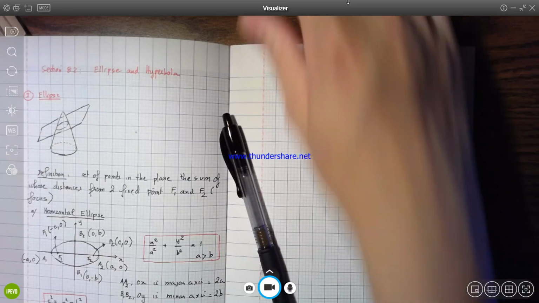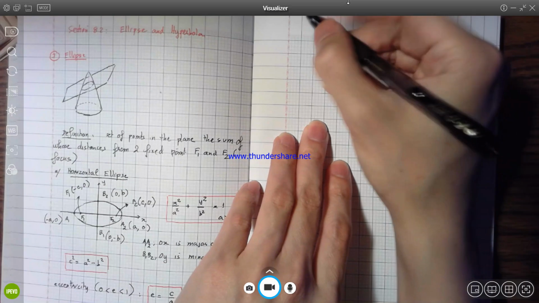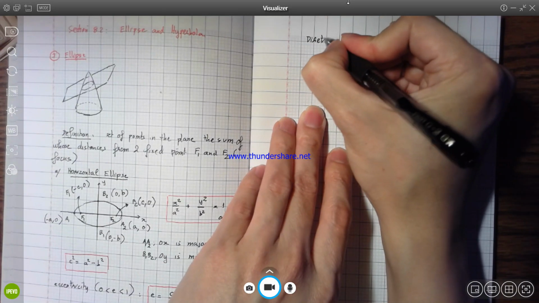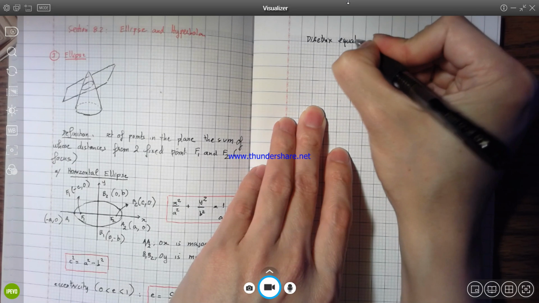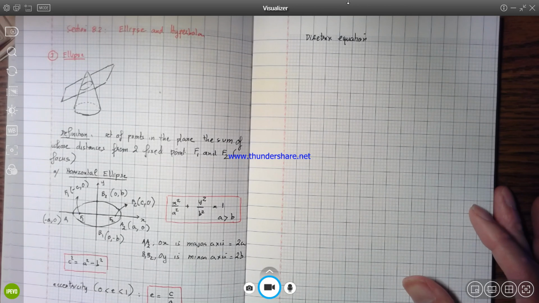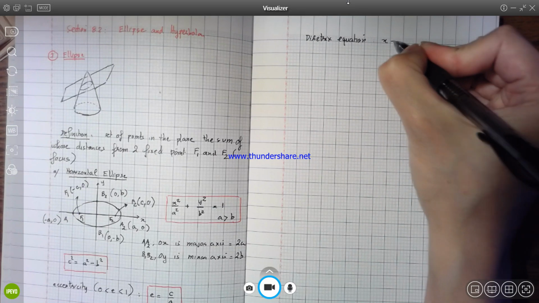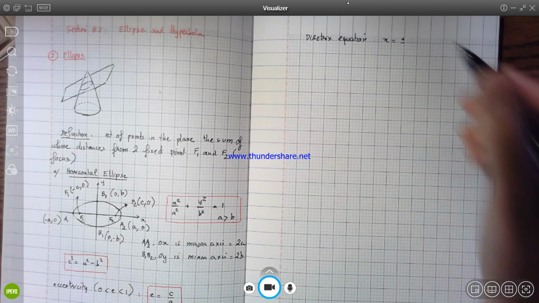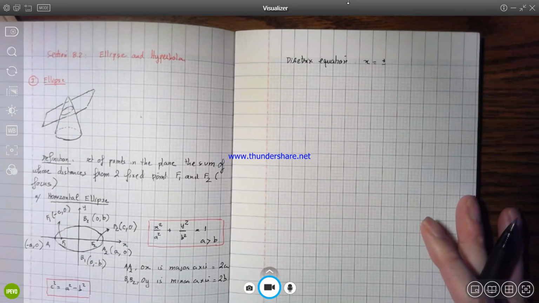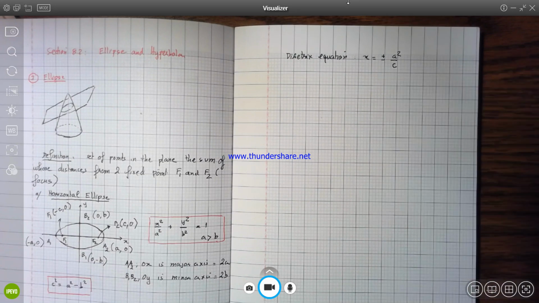And we also can find the directrix equation. We have two directrix equations for each horizontal ellipse, and the directrix equation will be the vertical one, x equals plus minus a squared over c.